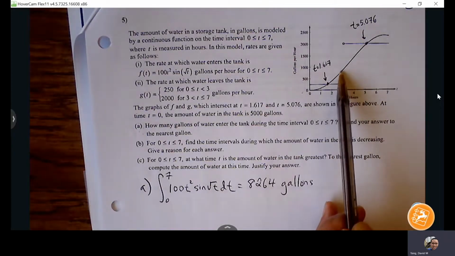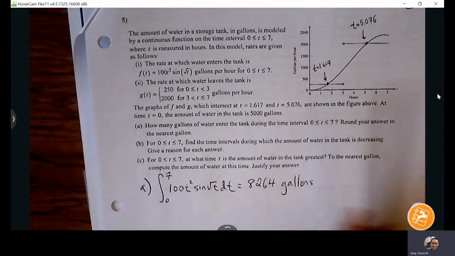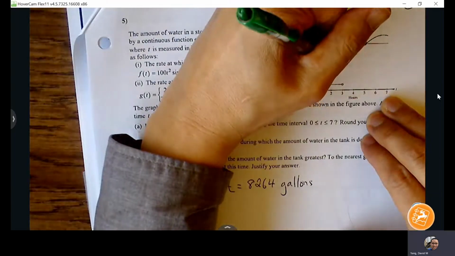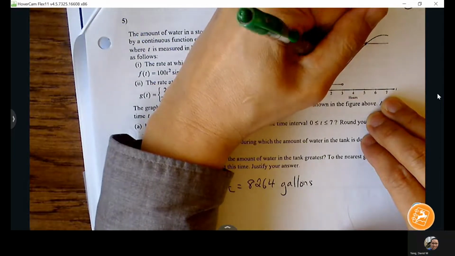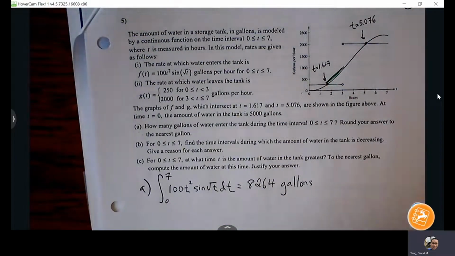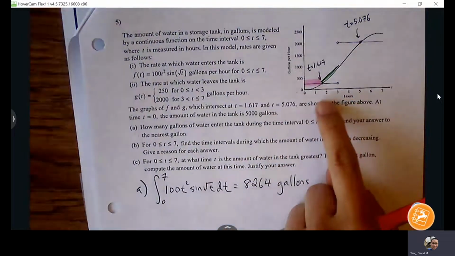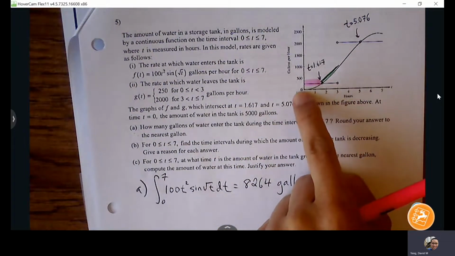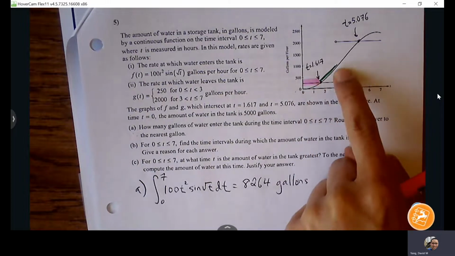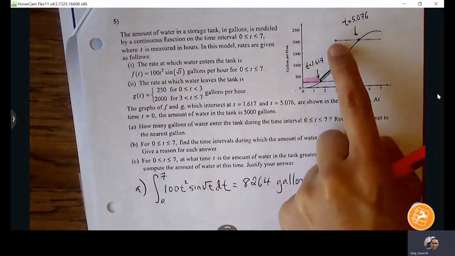So all of a sudden, there's more water coming in than leaving, so that water level is rising. I'm highlighting which is winning out in each of the time intervals. The pink indicates there's more water leaving than coming in, so the water level is dropping, and then the water level is rising. But then what's happening between 3 and 5.076?